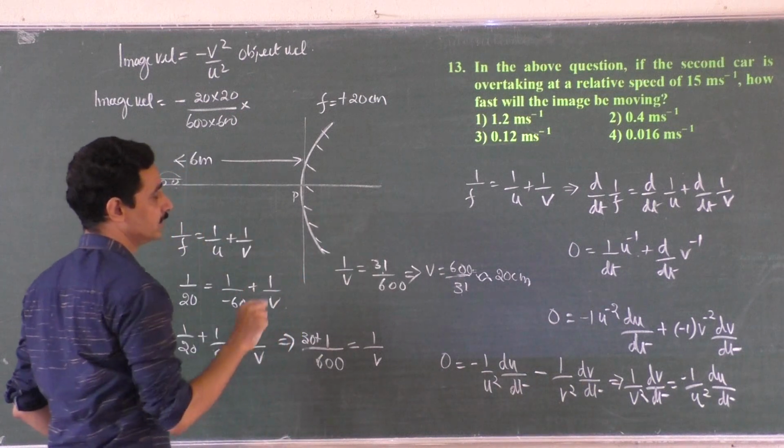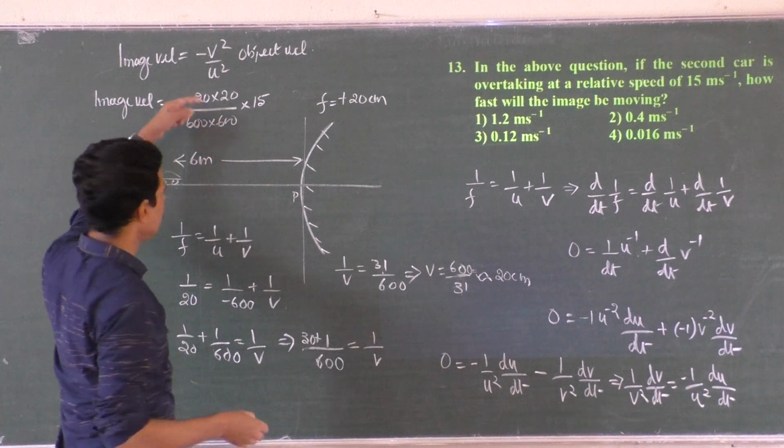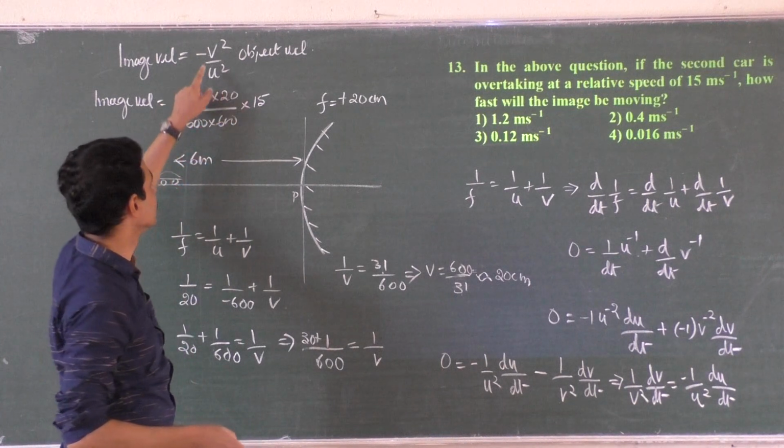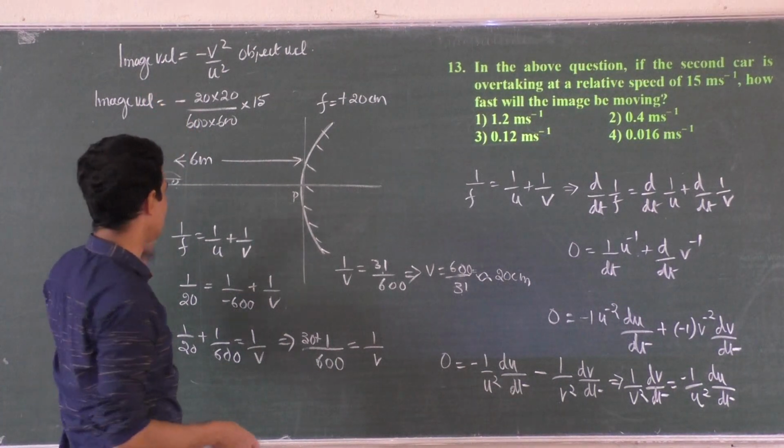If the object is moving at 15 meters per second, of course this is centimeter, but they cancel, right? Because centimeter square gets cancelled.